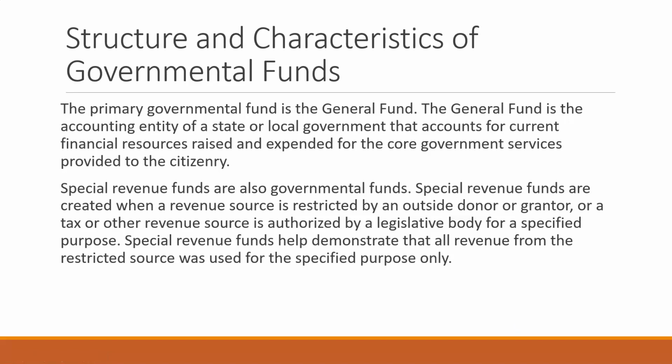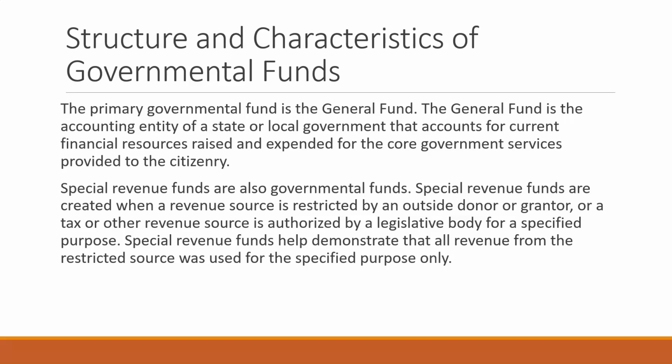Okay, so we have our primary governmental fund called the general fund. The general fund is for all financial resources and expenses for the core government services. And then we also have special funds, our program funds, our function funds.